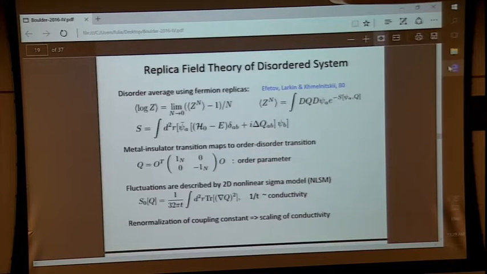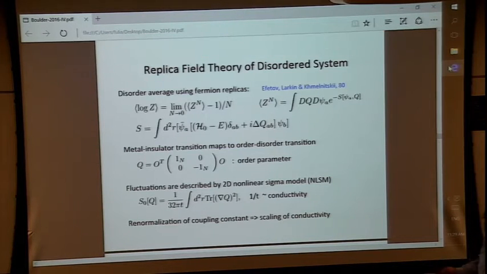So let me first review very quickly what the so-called replica field theory is for disordered, non-interacting systems in the presence of static disorder. Basically, in the statistical mechanical system, we are interested in the free energy, which is the log of the partition function, and we want to do a disorder average of the free energy, but that's difficult.